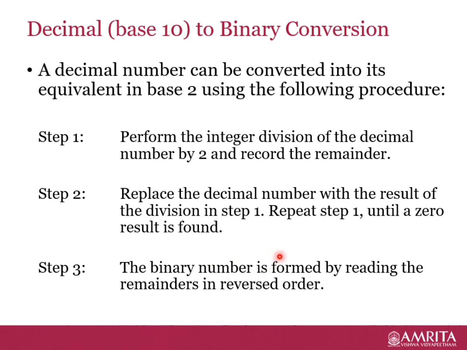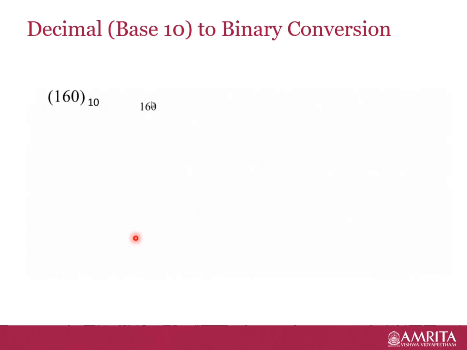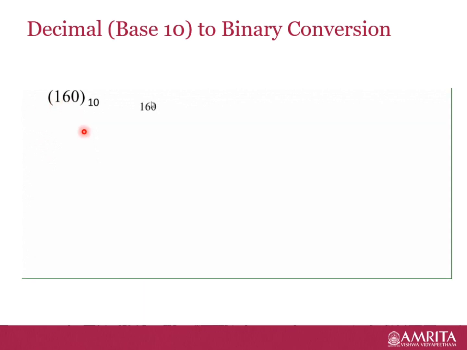The entire procedure will be much simpler to you if I explain it with the help of an example. So now we can see an example where the integer number 160 is being converted to its binary. Here, the number 160 to the base 10, which is the decimal 160, has to be converted to binary.